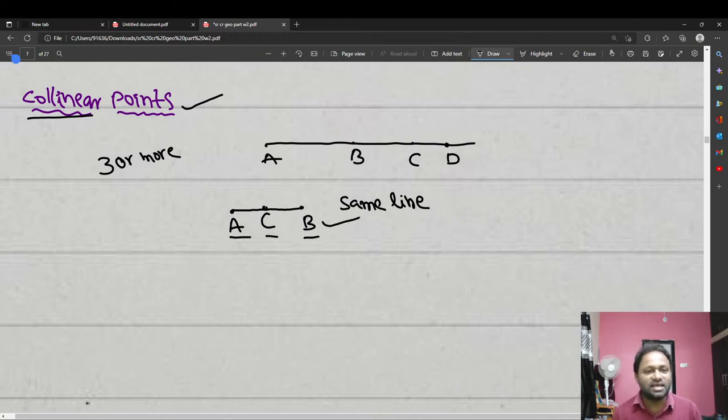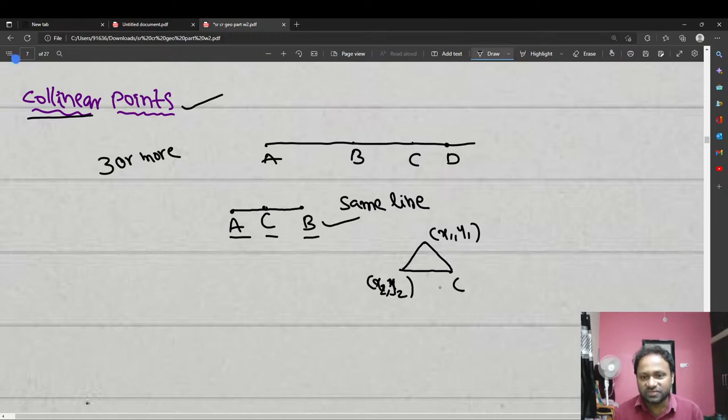Based on this, I will write one formula. I think you know the formula of the area of the triangle.